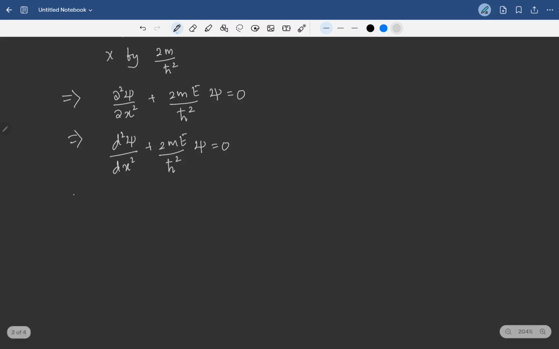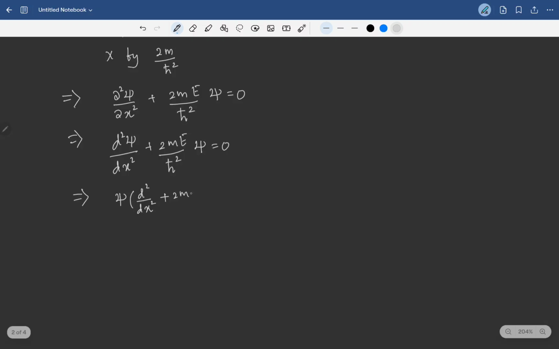We can solve it. My style of solving it is slightly different. I'll show you how. You should understand the analogy here. Just imagine that I am not meaning anything I am saying. Take psi outside, it becomes d square by dx square plus 2mE by h cut square. I know it's a bit of an abstract method of solving the differential equation.